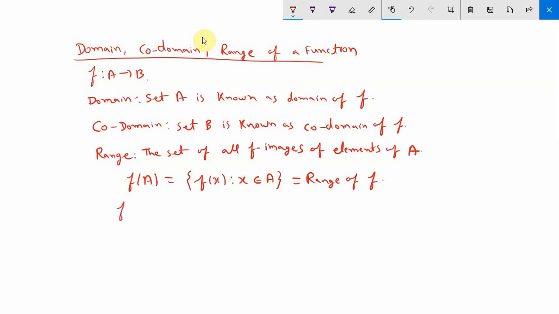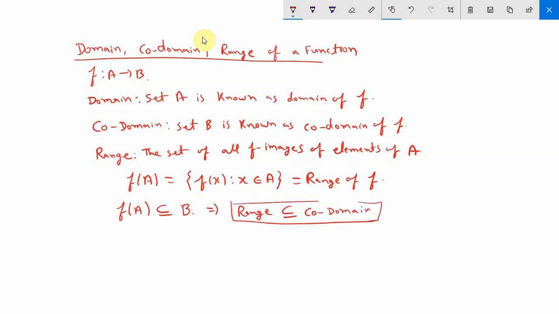And we can clearly see f(A) will be a subset of the codomain, here B. So range is a subset of codomain.